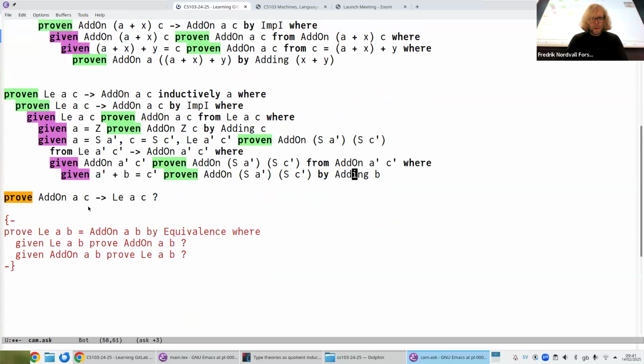Because it wants to prove successor of A prime plus B is successor of C prime, and it knows it can peel the successors off. It's automatically saying, well, successor is successor, that's a free hit. And then it finds A prime plus B equals C prime as a given. Yeah. Okay, nice.